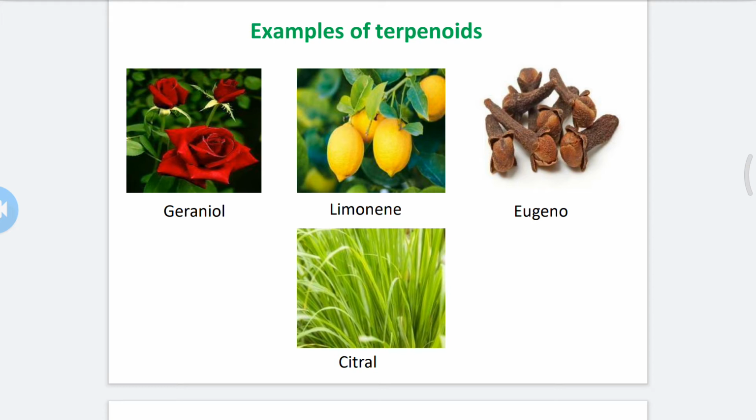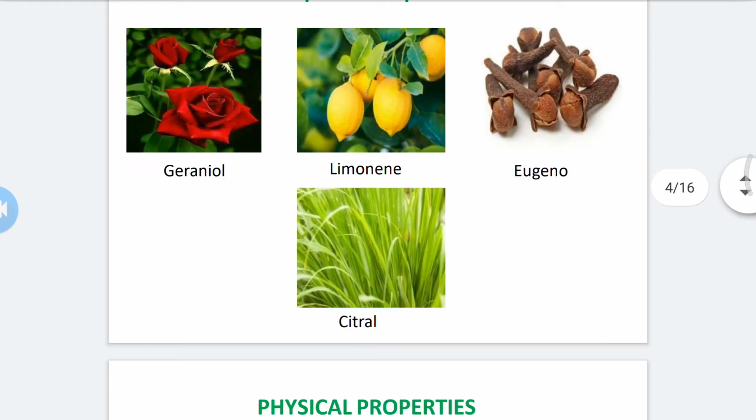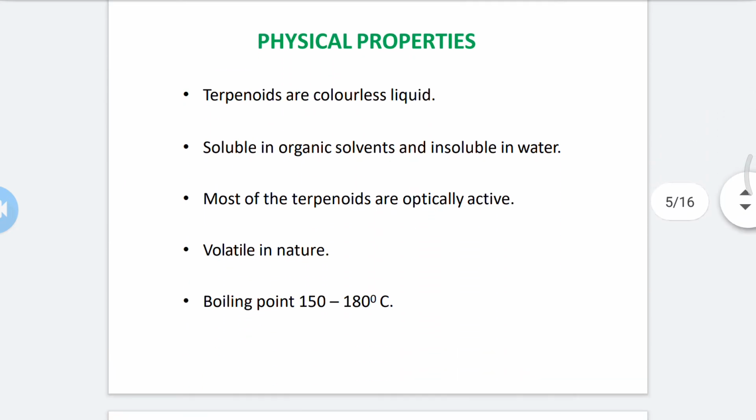Limonene is present in lemon. Eugenol is present in clove. Citral is also present in these oils. These are examples of terpenoids.